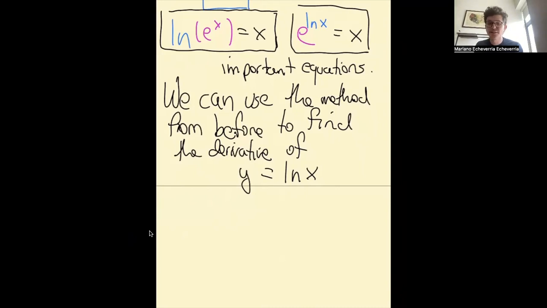So the idea in this equation is that actually first we make the exponential appear. Okay, so let me see if I can say this in a useful way. In this equation, we already know the derivative of the exponential.